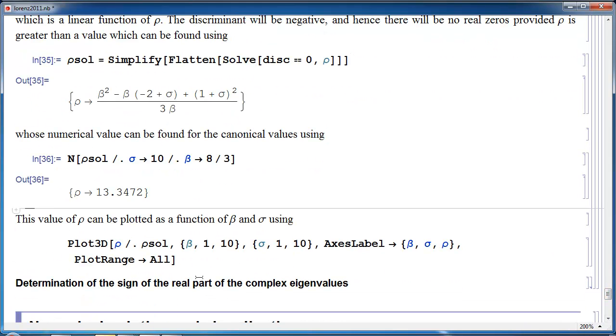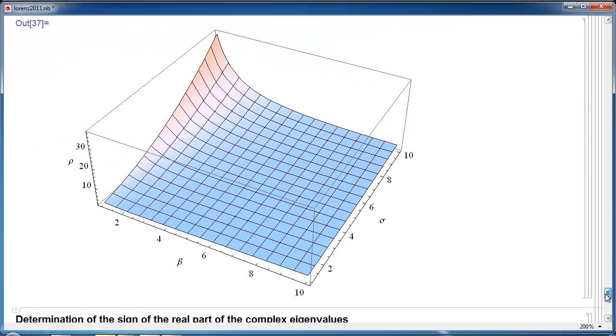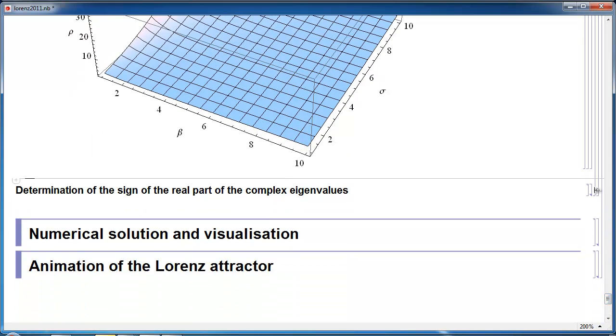So we can plot this for values of sigma and beta using this, and you can see that this value gets bigger here. Okay, so now we want to find the sign of the real part of the complex eigenvalues.